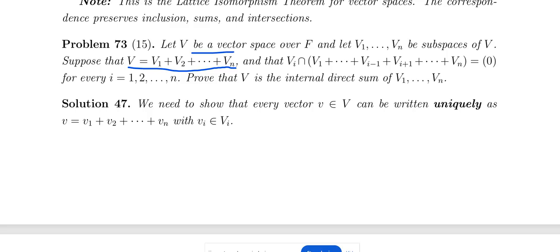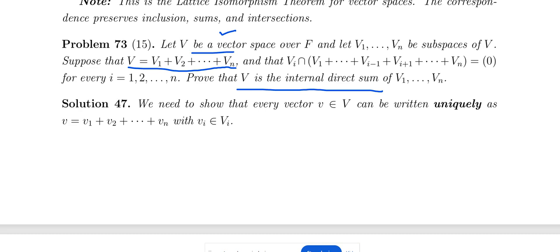So that means V is the internal direct sum of V1, V2, ..., Vn. ஸோ என்ன கொடுக்குறோம், V என்றது வெக்டார் ஸ்பேஸ் ஓவர் F, V1, V2, Vn என்றது சப்ஸ்பேஸ்கள் ஆஃப் V, இவற்றை ஆட் பண்ணிங்கன்னா V கிடைச்சிடும், அண்ட் Vi இன்டர்செக்ட் வித் ரிமைனிங் சப்ஸ்பேஸ்கள் இஸ் ஈக்குவல் டு 0. ஸோ தென் V என்றது இன்டர்னல் டைரக்ட் சம் ஆஃப் V1, V2, Vn என்று சொல்லுவோம். இந்த ஹைபாத்திசிஸ் இதில் ரொம்ப முக்கியம்.